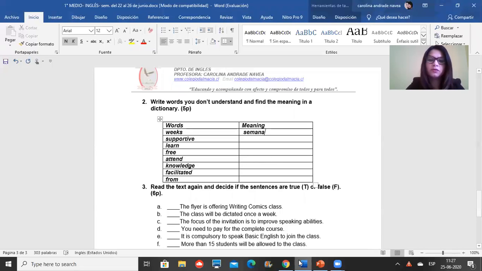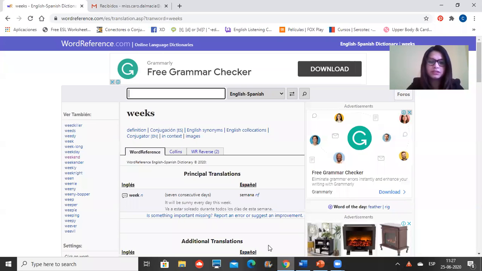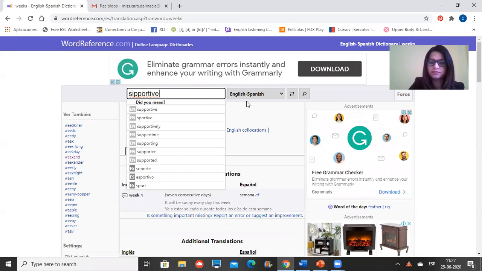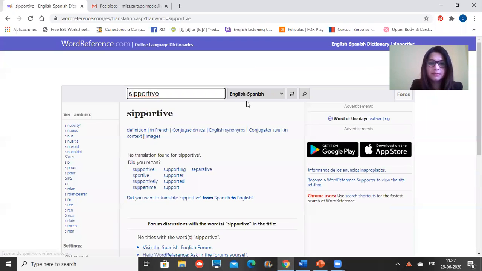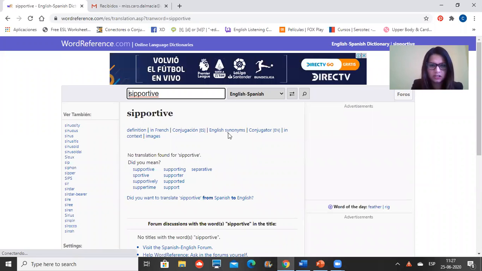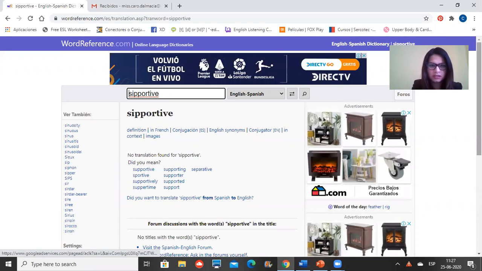Semana, we are going to look for the word supportive. And we are going to find the meaning. So it has a lot of information. Because I made a mistake, guys, see? So supportive is not there. It says it doesn't exist.